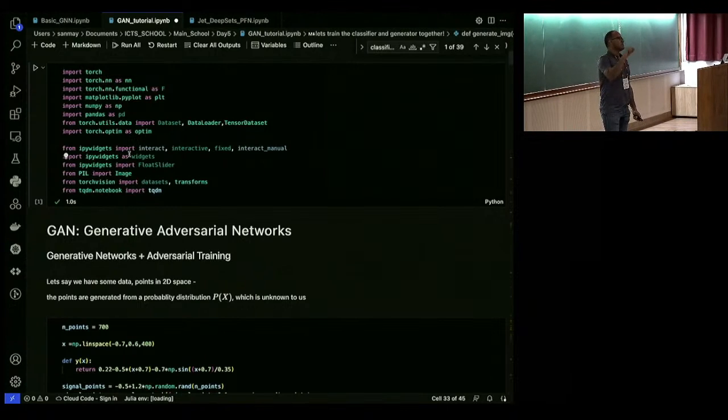I could have done it for MNIST as well, but let's have some fun and make some synthetic data. This is an example which we used 4 years back at Weizmann, so I just wanted to repeat that.